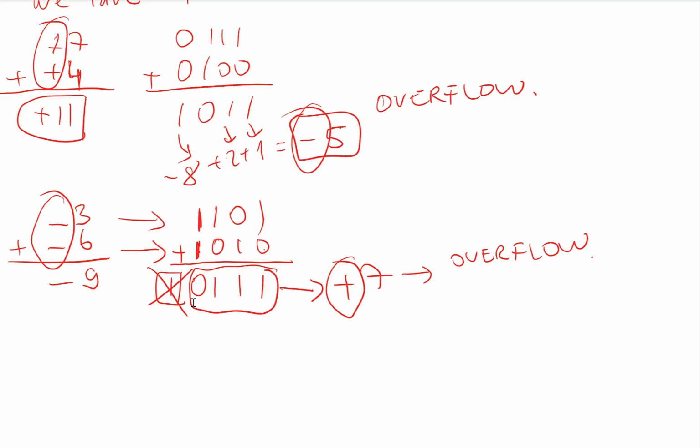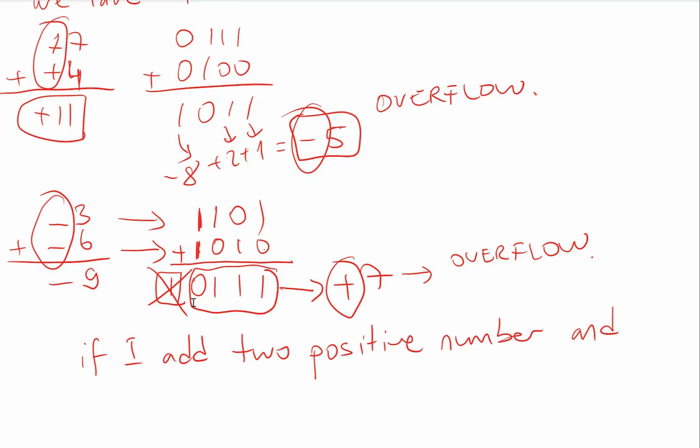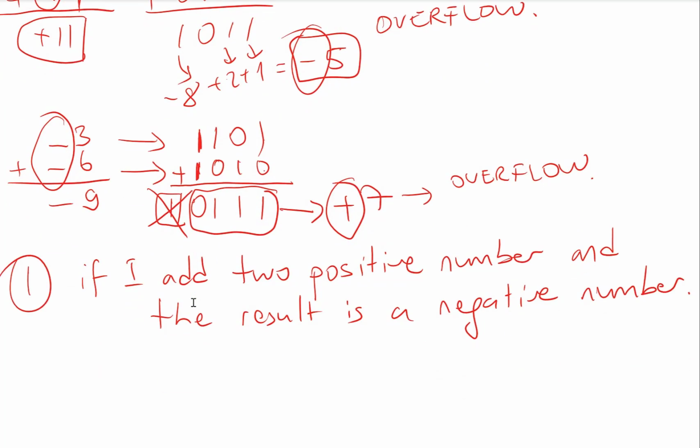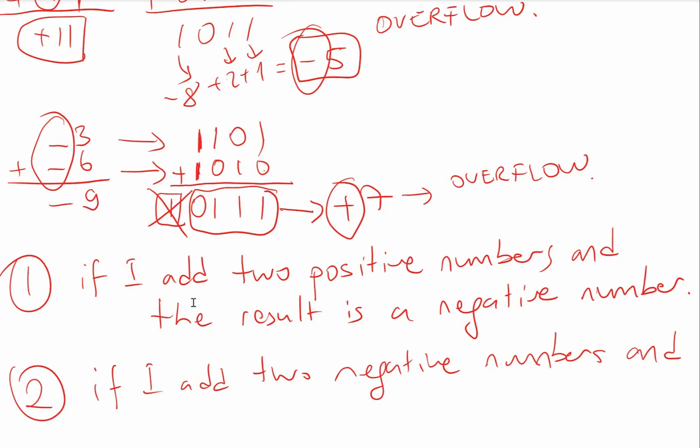We can write: if I add two positive numbers and the result is a negative number, this is one condition for the overflow. And what is the other condition? If I add two negative numbers and the result is a positive number. So this is the condition for the overflow.